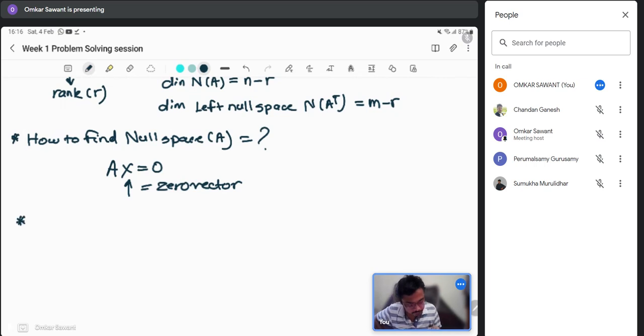Second thing, we will understand this with the help of problems. But before that, what is a vector space?